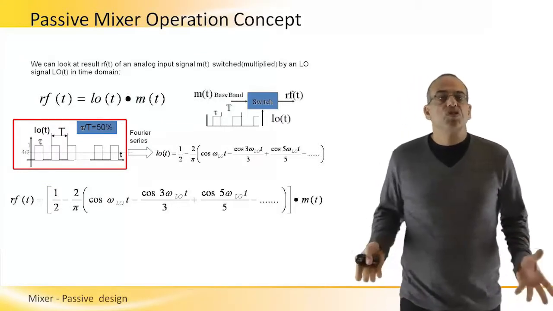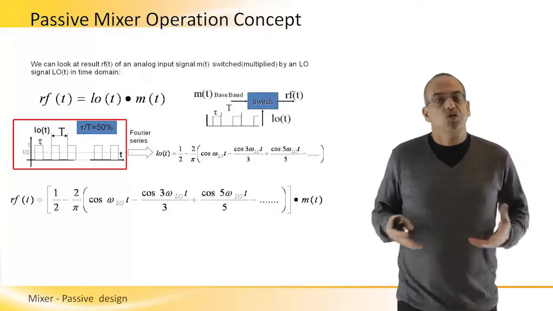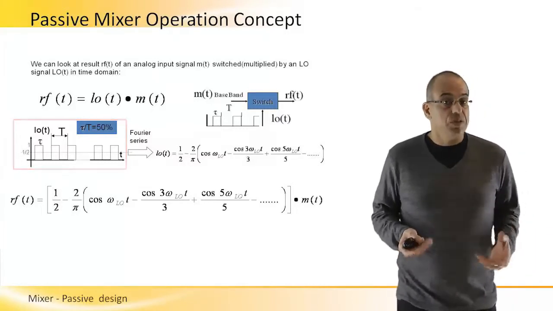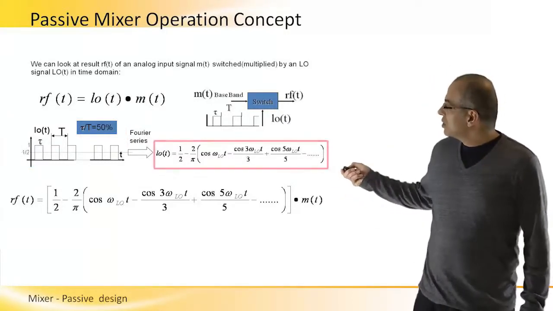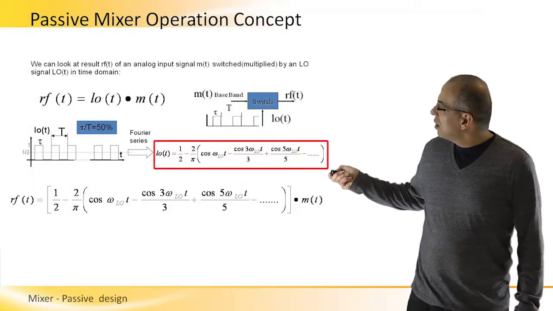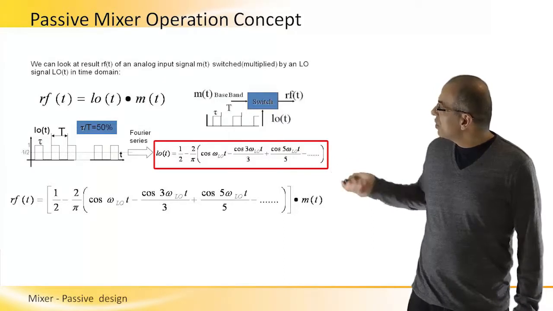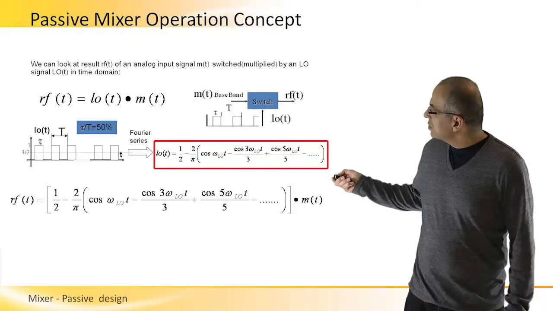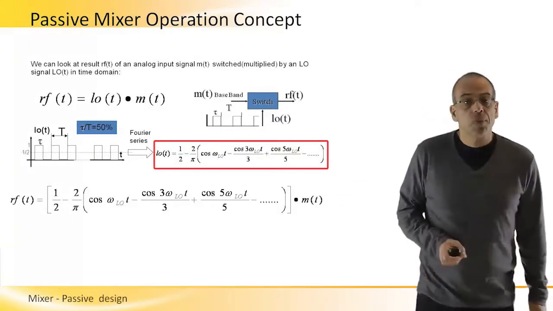And this 50% duty cycle square wave can be described by its Fourier series. And this Fourier series will have a DC component, and it will have all the odd frequencies. So first harmonic and third and the fifth and so on.